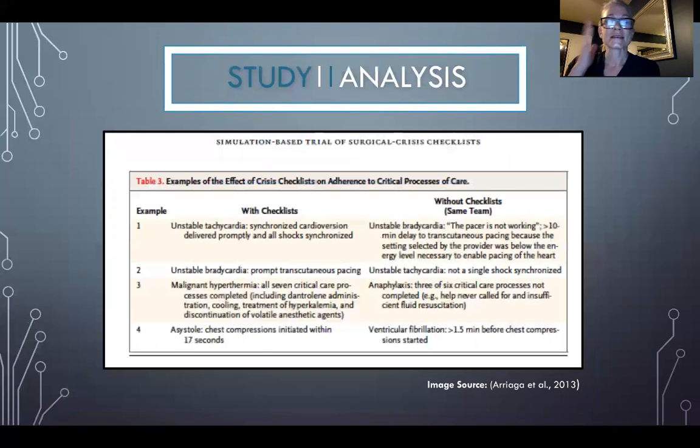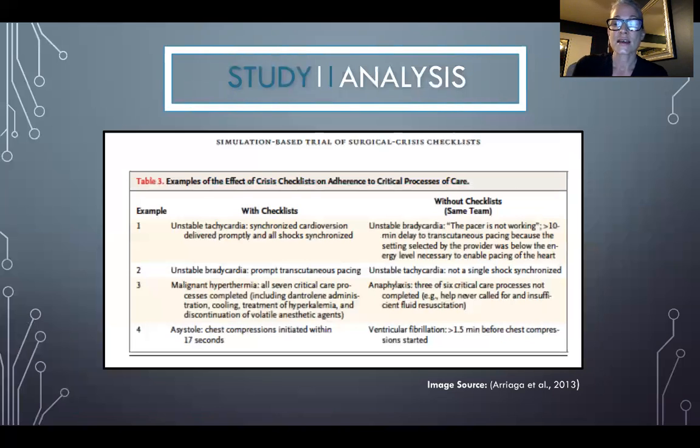So I added this in because I thought it was rather interesting. In a journal, it was actually titled Simulation-Based Trial of Surgical Crisis Checklists by Arriaga et al., 2013. These are examples of the effect of the crisis checklists, with and without, from the same team. If we're looking at, for instance, asystole, with the checklist, chest compressions were initiated within 17 seconds.